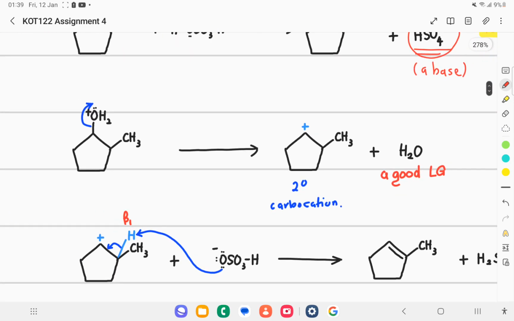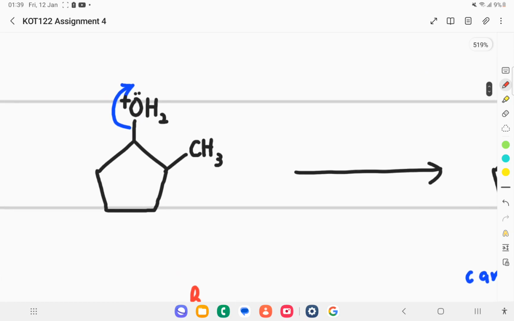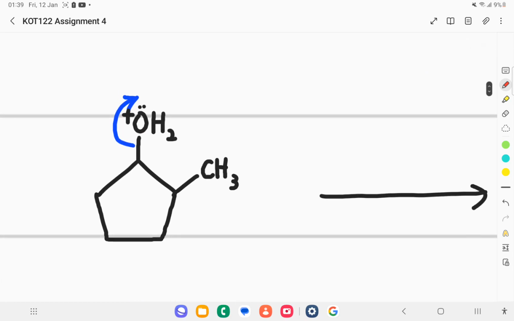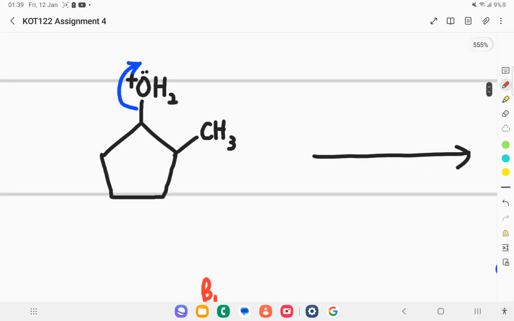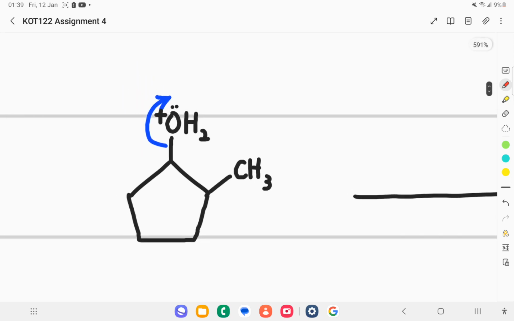So we proceed to step 2. Step 2 is very simple and easy to understand because it involves the formation of a carbocation. In our positive OH2, the bond between this carbon and oxygen, the C-O bond, will break.